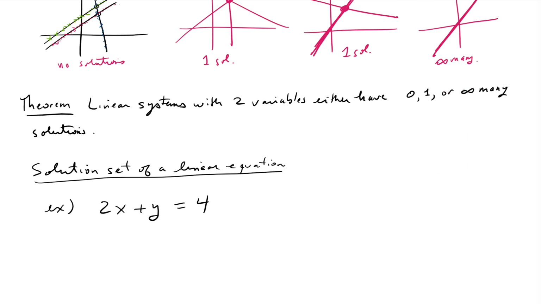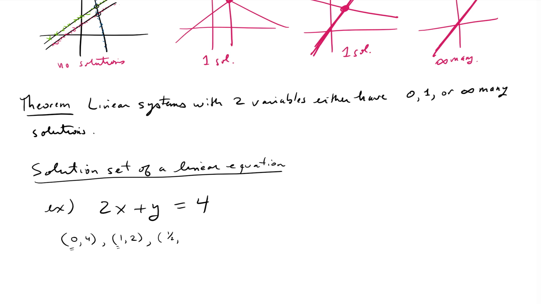Well, what could I do? I could try to come up with all the points, but there are infinitely many. That doesn't sound like a good idea. But let's say I start with that. If x is 0, y is 4. Okay, so that's a point. If x is 1, y is 2. That's another point. But I forgot a lot of points between 0 and 1. There's also a half.